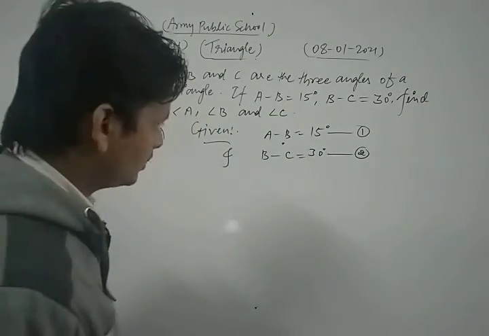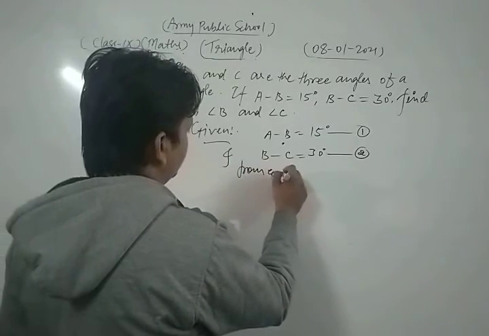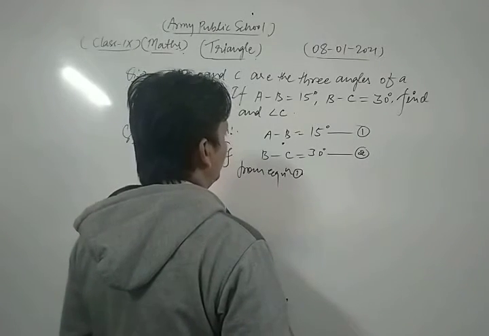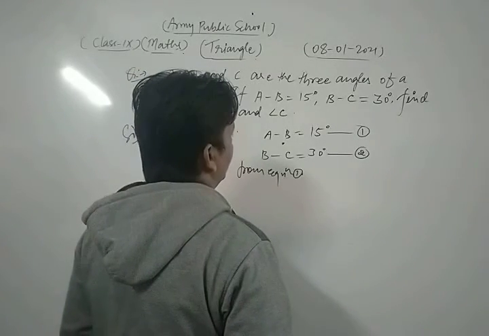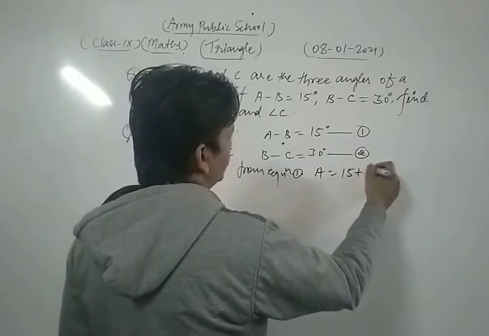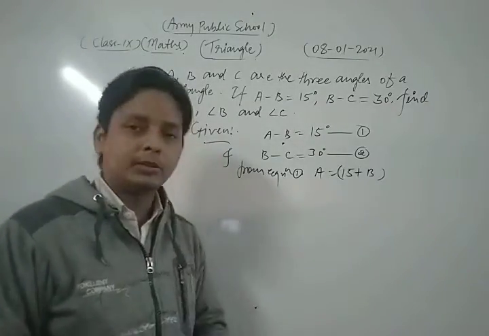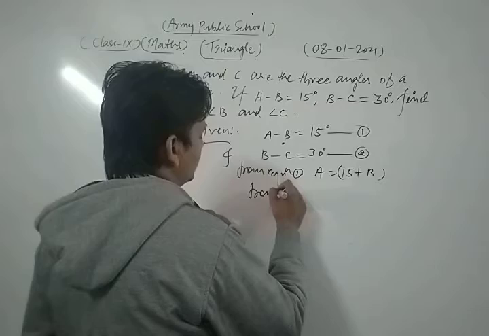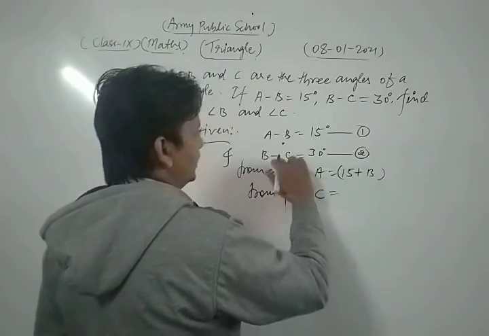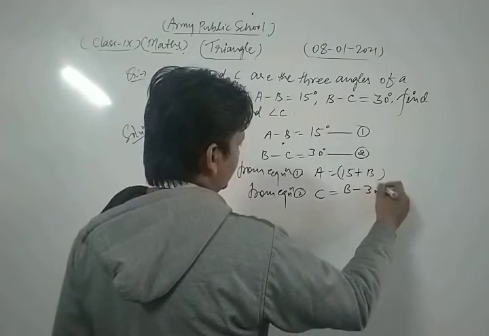Thus, from equation 1, the value of angle A is 15 plus B. We transfer the B to that side, so we get the value of angle A is 15 plus B. From equation 2, the value of C: we transfer that side, so C is B minus 30 degrees.